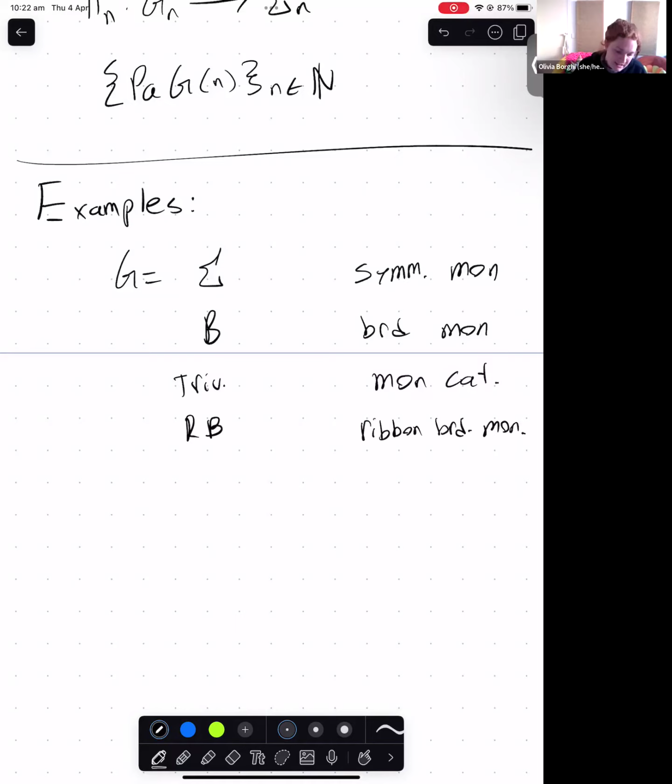And then my last example is the cactus groups. They give you a notion of something called a cactus monoidal category, but this is also sometimes referred to as a coboundary category. And coboundary categories show up in the representation theory of quantum groups.